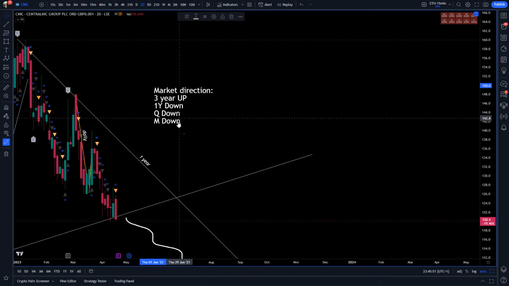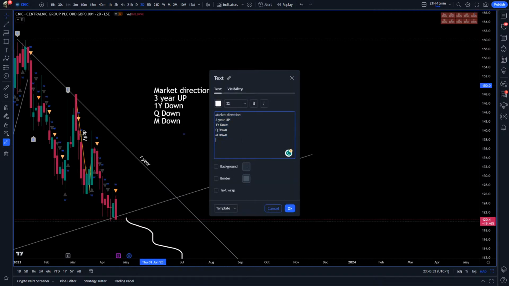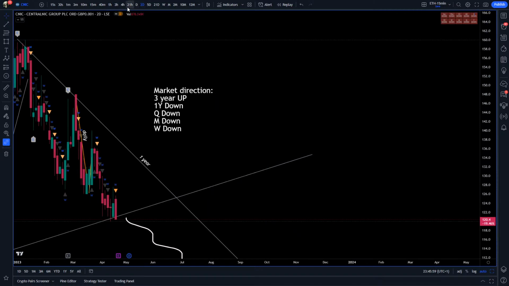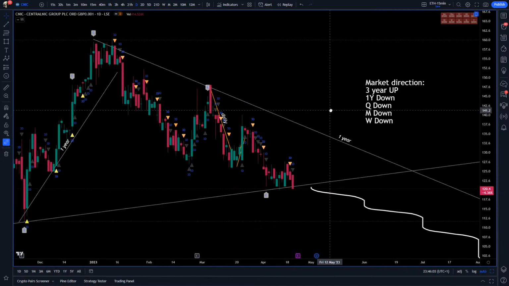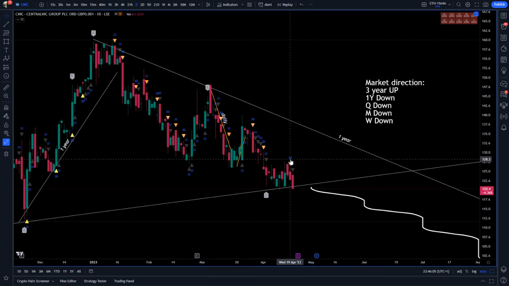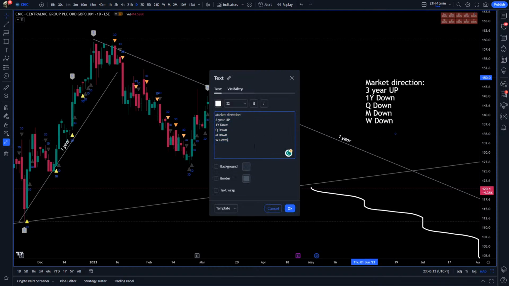Okay, so right now the weekly is starting to go down again, and with the weekly going down, we can see that the 3-day market is going down.